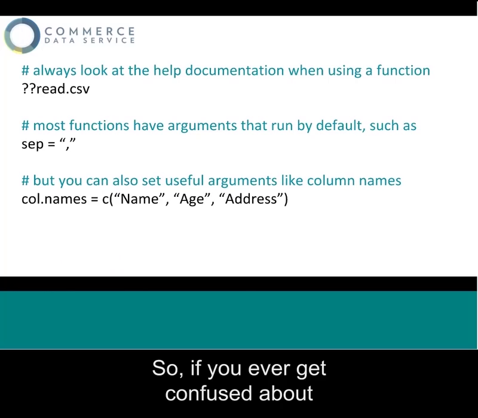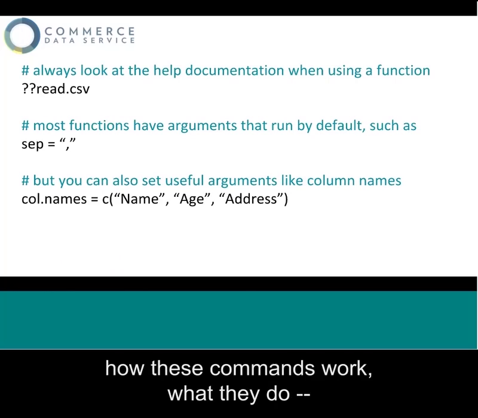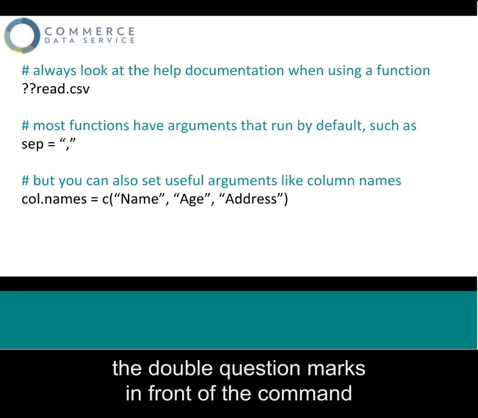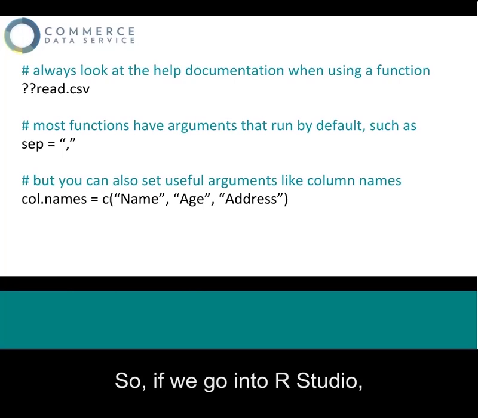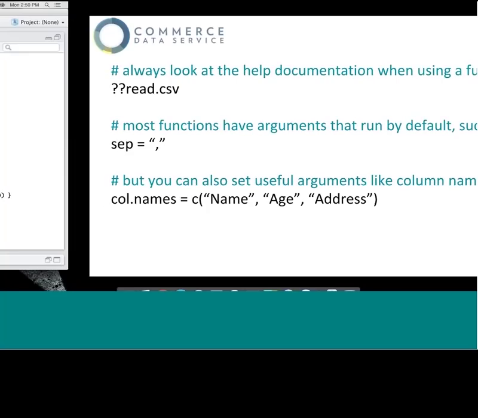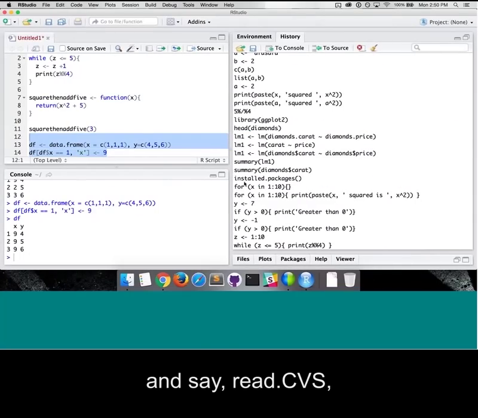If you ever get confused about how these commands work and what they do, the double question marks in front of the command will look for help in R. So if we go into RStudio and type ??read.csv, let's see what it gives us.